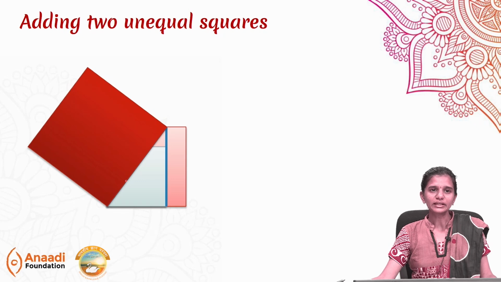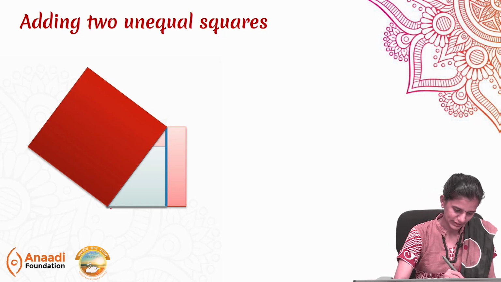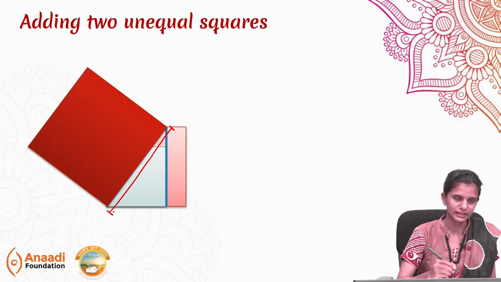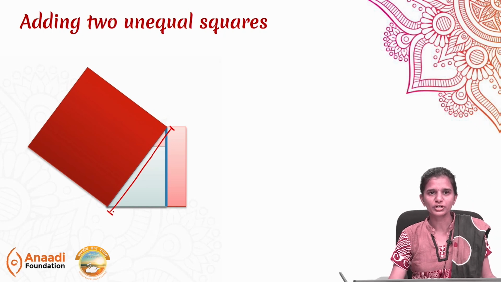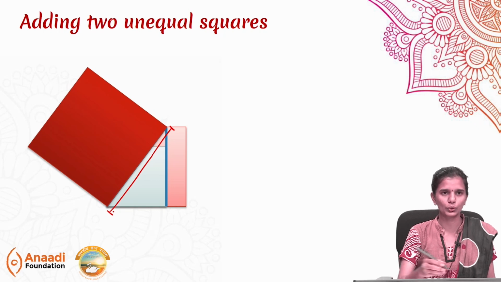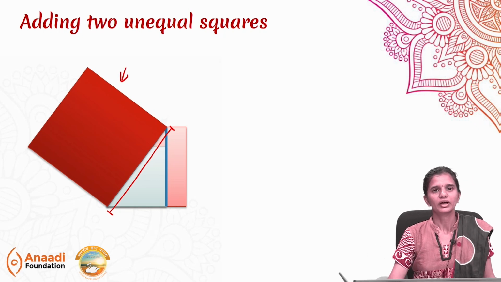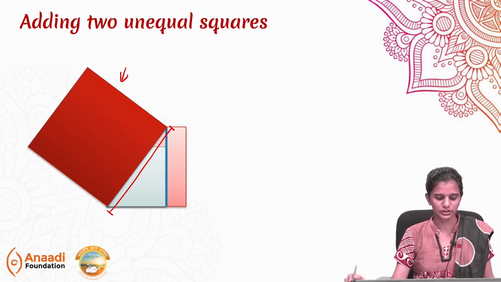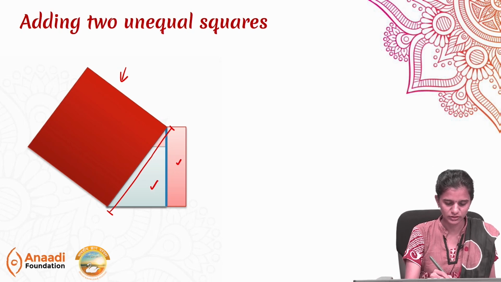Now, taking the newly drawn diagonal line as the length, we construct a square. The area of this square will be perfectly equal to the sum of the areas of the given two squares, that is this square and this one.